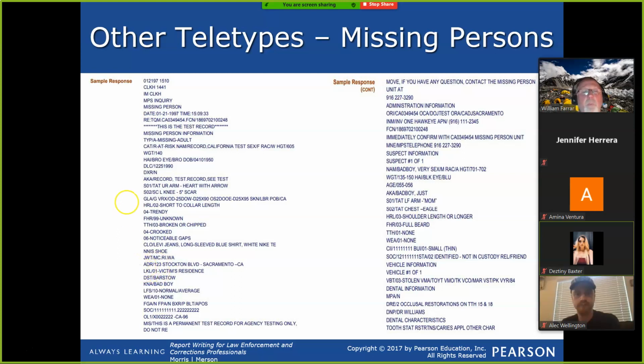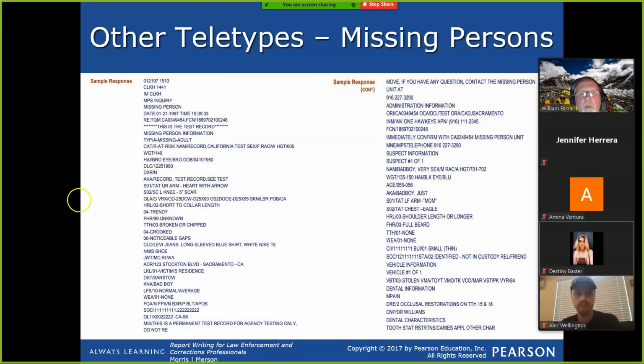And I know it's kind of small, but here's a sample response. If somebody was actually missing, it's very detailed. When you look at it, it would have the person's name. It would say where they're missing from, their height, their weight, their hair color, okay, any tattoos, any scars. That way you can identify them.